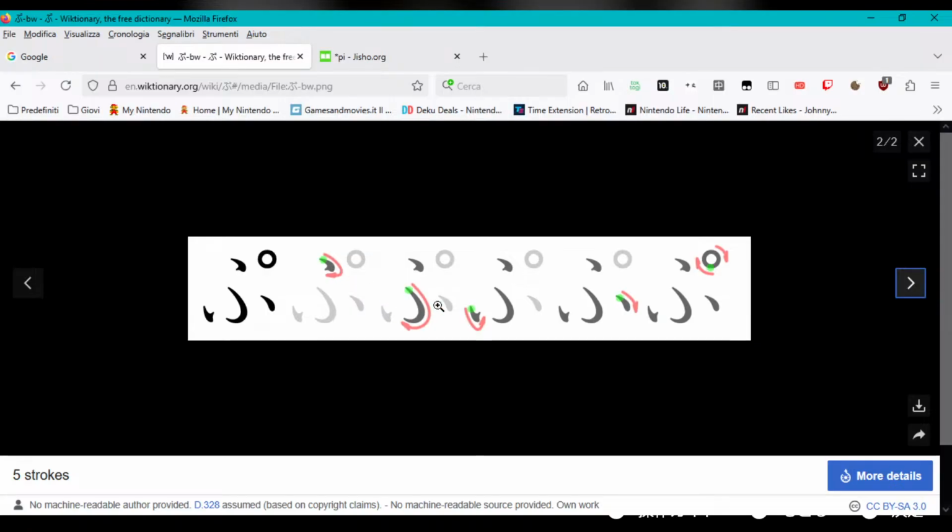Comma at the top to bottom, inverted comma on the left, comma to the right, and the handakuten, the circle, in the top right corner, comma, top to bottom, inverted comma, comma, circle, which is the handakuten.